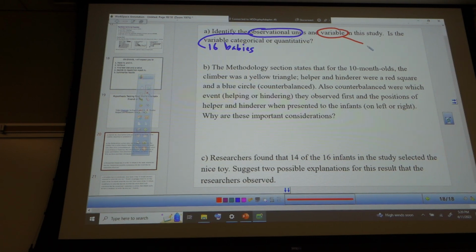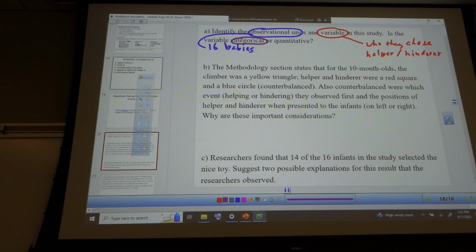Whether they chose, who they chose. The helper or the hinderer. And someone else tell me, is that variable categorical or quantitative? Categorical? Yep. It's not a number, it's a helper or hinderer.